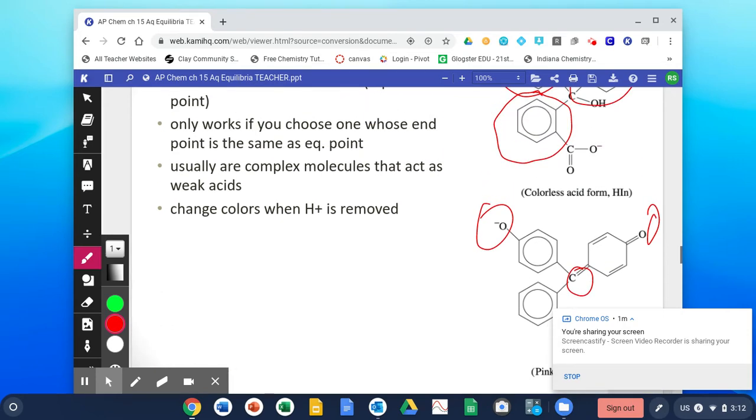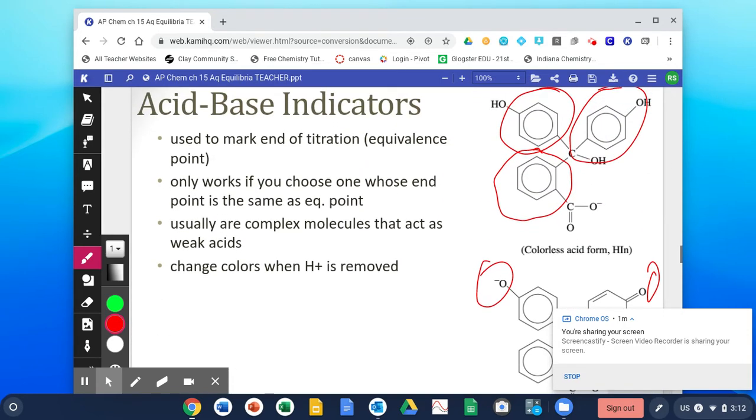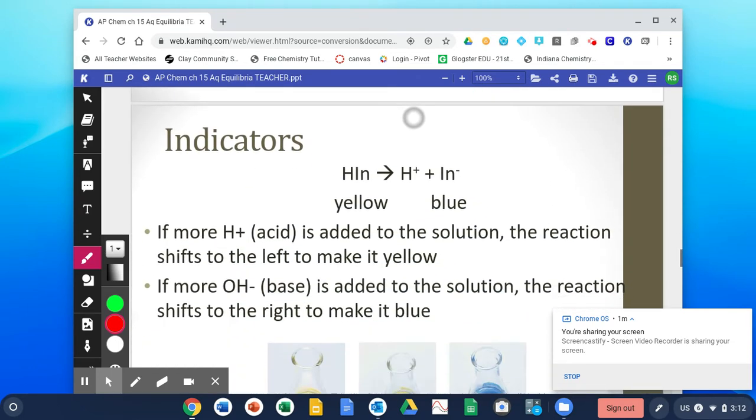And so this one is no longer a benzene ring. And so what's going to happen is it's going to be oriented in a different direction. Therefore, it's going to reflect light differently, voila, changing colors. And that's why we see that magical color change, okay? So that's what's going on with an indicator.